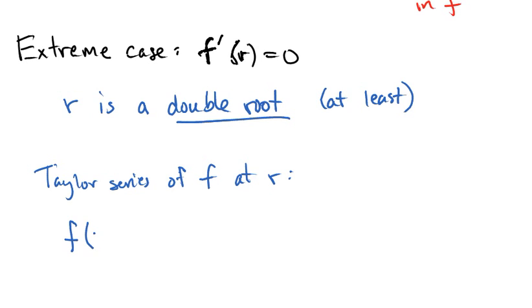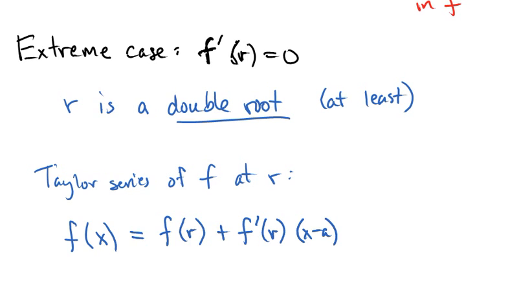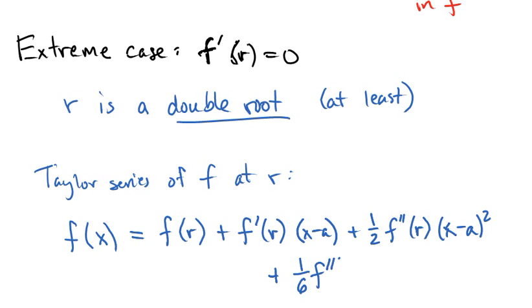So this is the formula for f of x. It's equal to f of r plus f prime of r times x minus r, plus 1 over 2 factorial f double prime of r times x minus r squared, plus 1 over 3 factorial f triple prime times x minus r cubed, etc.